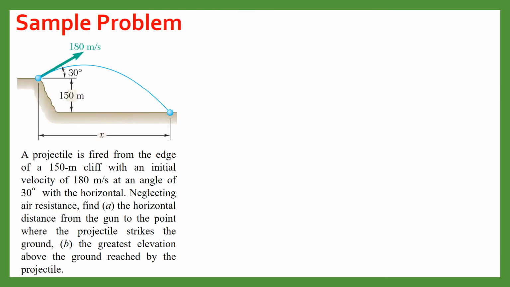Let us do one sample problem. This is a problem of a projectile. A projectile is fired from the edge of a 150-meter high cliff. So this is the cliff, its height is 150 meters, and from this position you are firing the projectile with a velocity of 180 meters per second, and this is the angle with the horizontal.